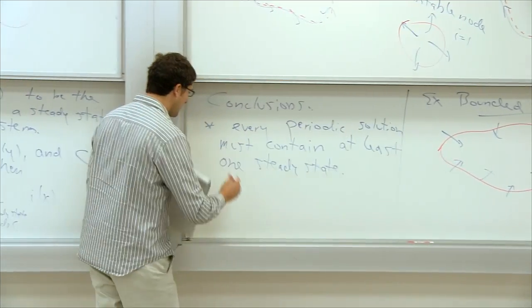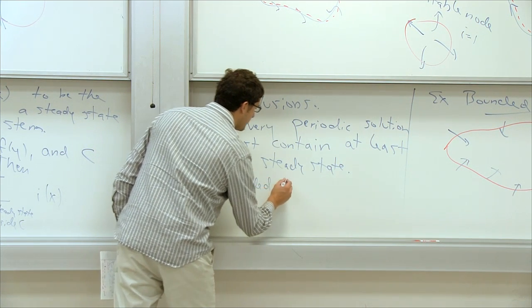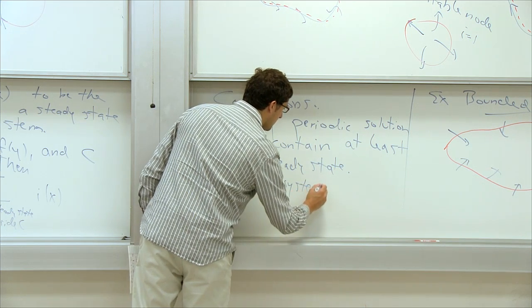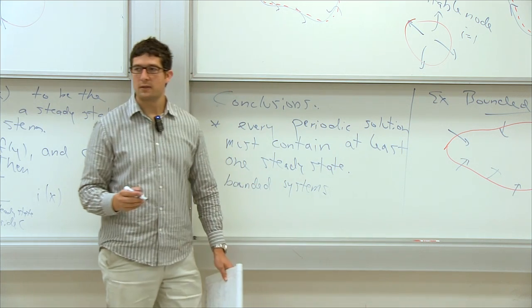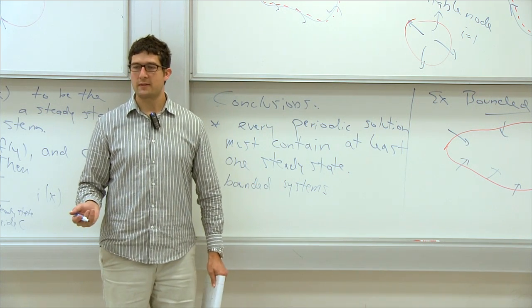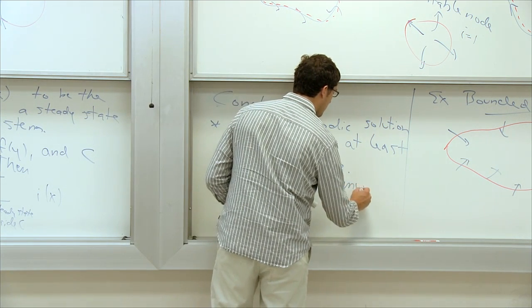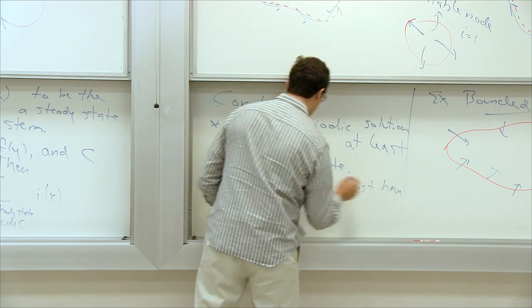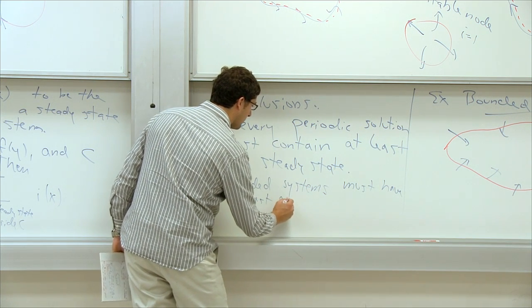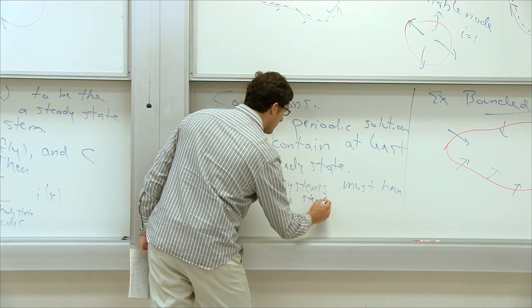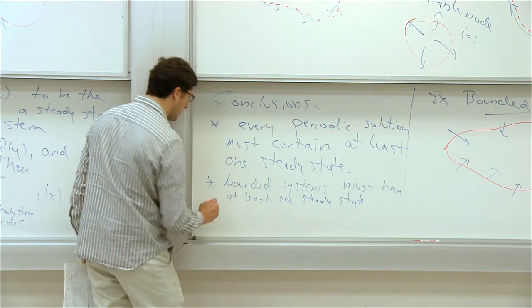Okay, so bounded systems must have at least what? One steady state, right? Otherwise the index could never be 1. Bounded systems must have at least one steady state. Okay.